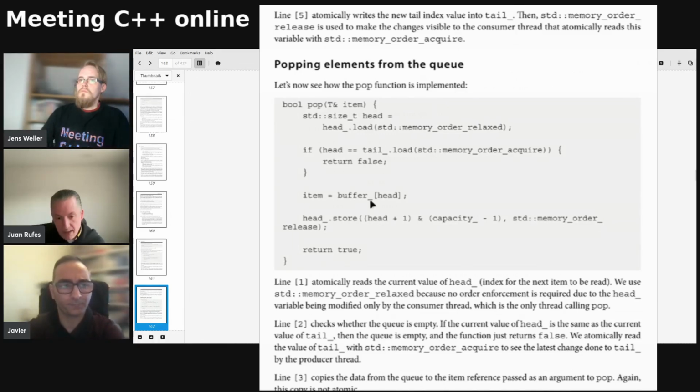In the book, it's explained why the size was chosen as a power of 2: it's to avoid doing the modulo. Here you have head + 1 and capacity - 1. This is the modulo, really optimized. It's like head + 1 modulo capacity.